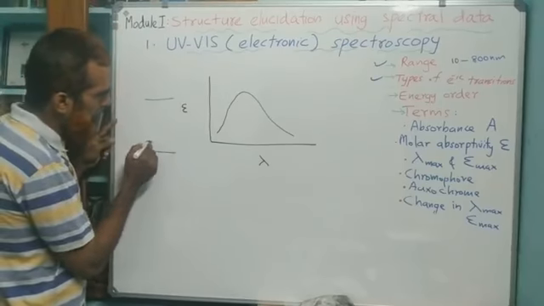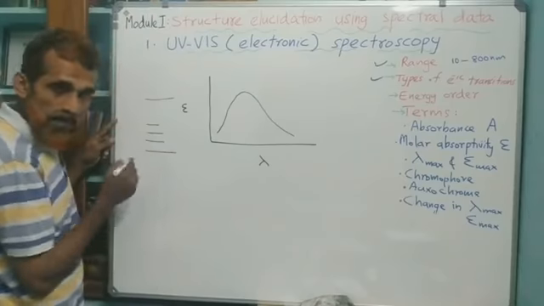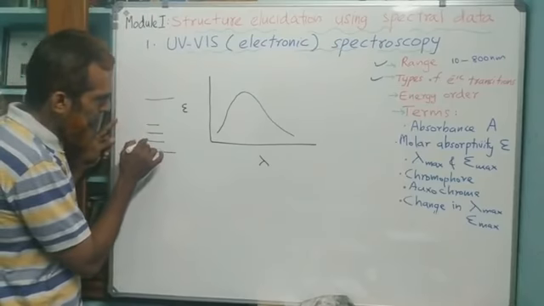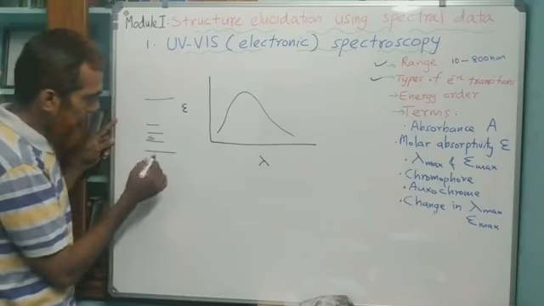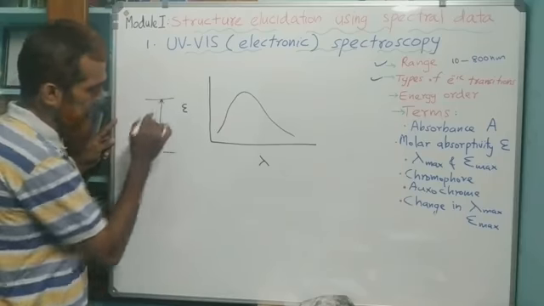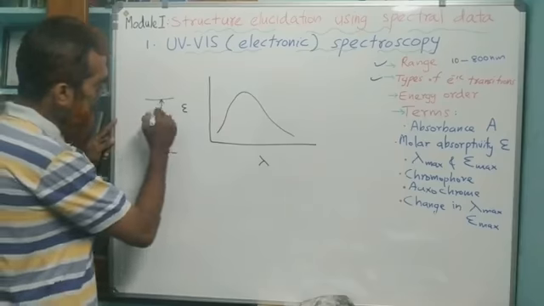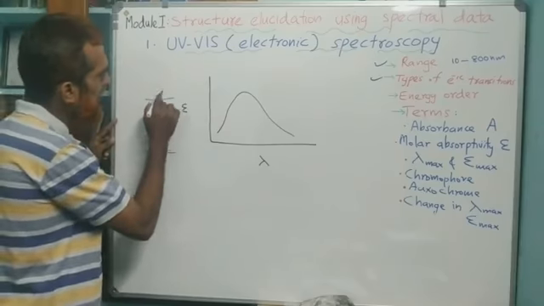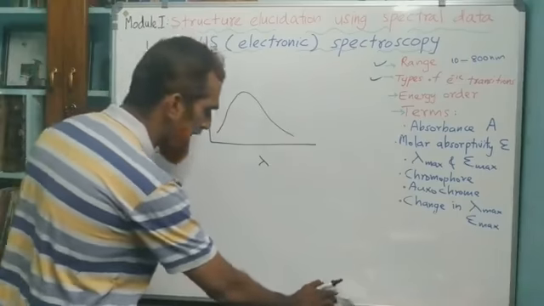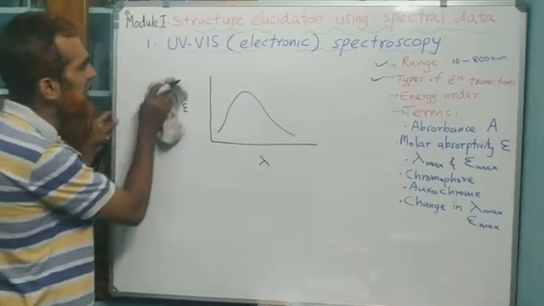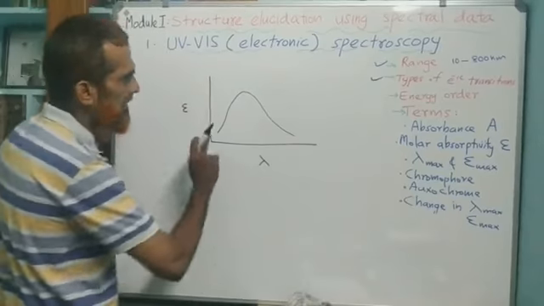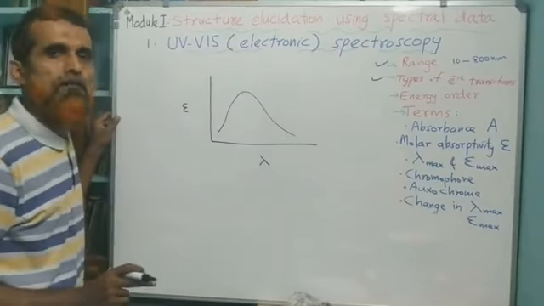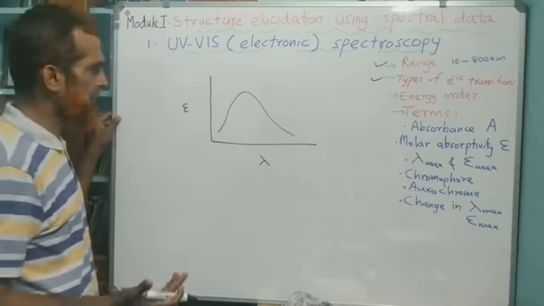Each electronic level is further divided into vibrational levels, and each vibrational level is divided into rotational levels. So when an electronic transition takes place, simultaneously vibrational as well as rotational transitions take place. Due to that, the peak is quite broad, and there are some other reasons also.